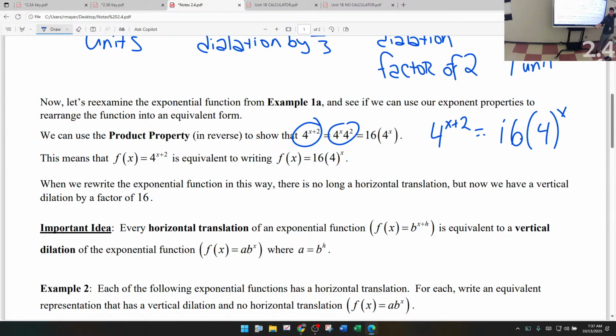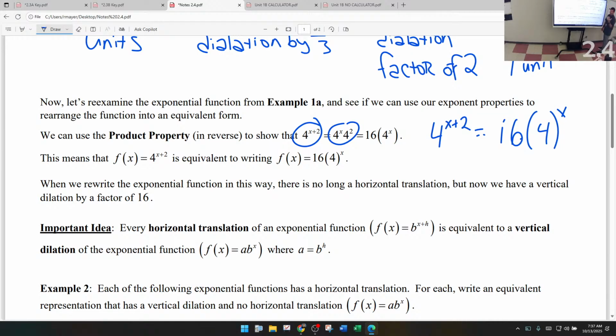If I draw this graph and this graph, they're going to be the exact same graphs. So you guys need to know how to turn it from this to this, because a lot of times we're not going to see the horizontal transformations. We want to change it to the vertical transformations. And that's what they're going to say.